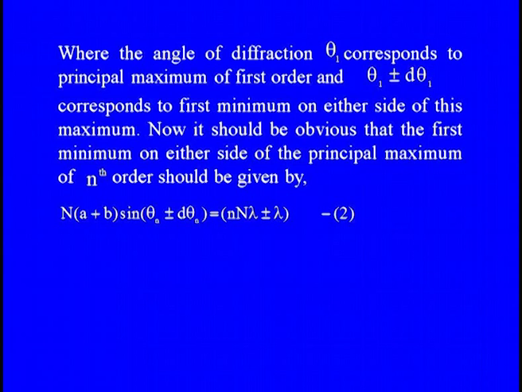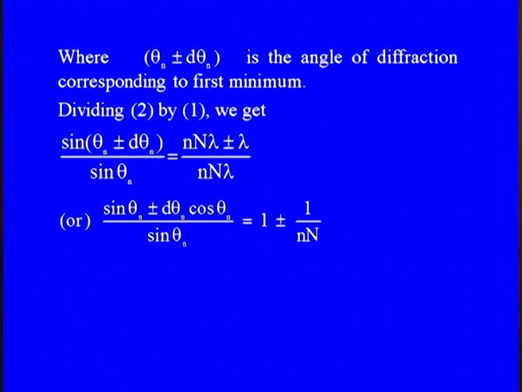Now, it should be obvious that the first minimum on either side of the principal maximum of nth order should be given by capital N into (a plus b) sin(theta n plus minus d theta n) equal to small n into capital N into lambda plus minus lambda, where theta n plus minus d theta n is the angle of diffraction corresponding to the first minimum.